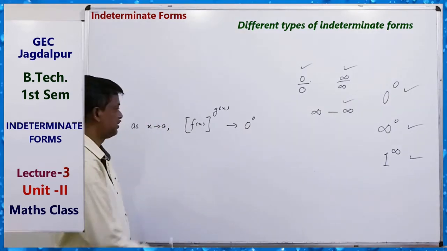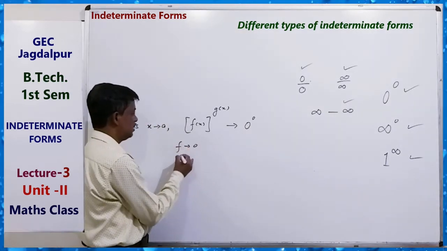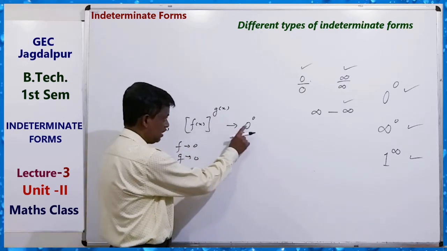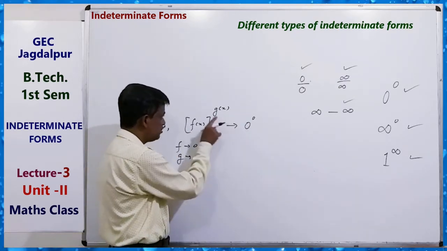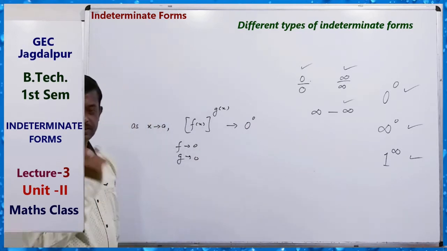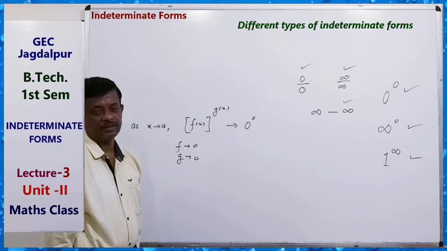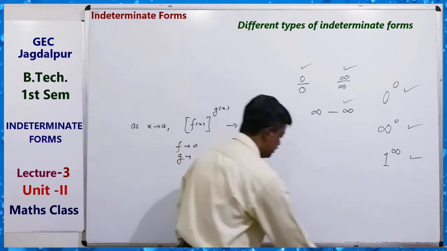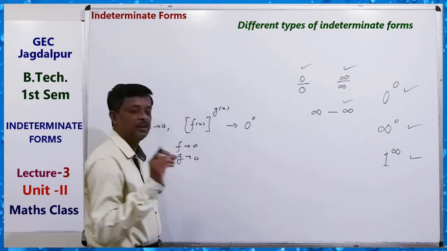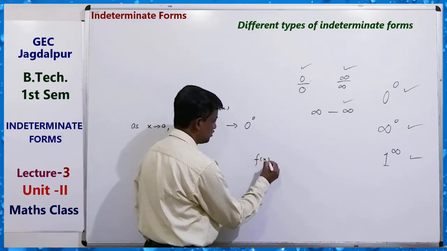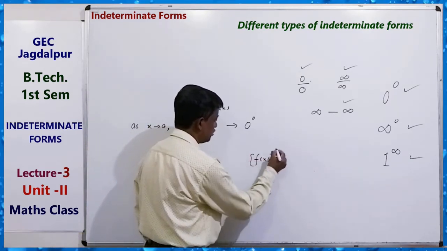That means f tends to 0 and g tends to 0. Here this is fx and this is gx. fx is tending to 0, gx is also tending to 0. So this format can also be solved by using logarithms. Suppose y equals limit of fx power gx.